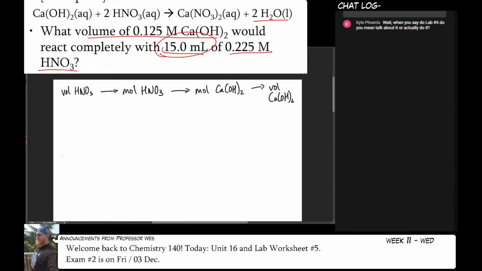So let's do that. We're going to start with the volume, which was 15 milliliters. Now, whenever we are working with molarity, we need to convert this to liters. So I'm going to do that without actually showing the calculation. Again, you should know how to convert milliliters to liters by now.